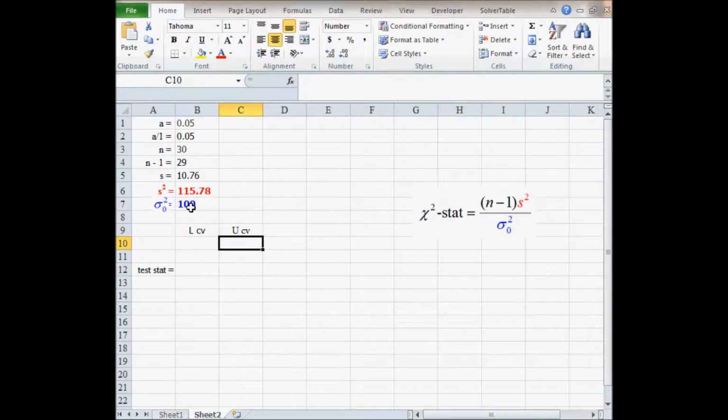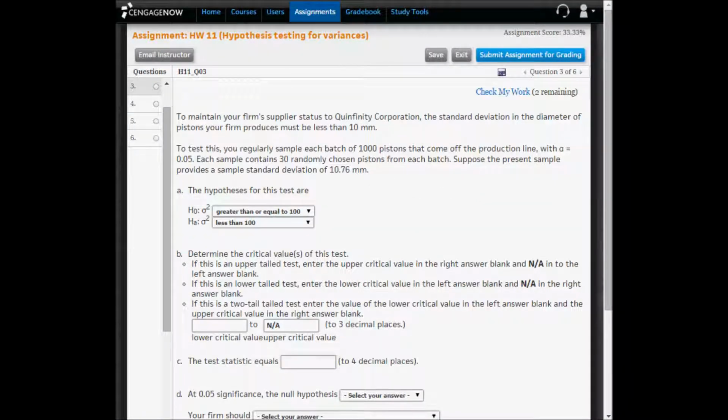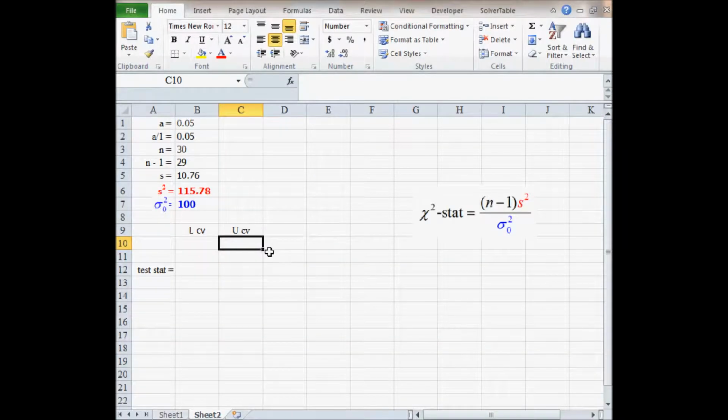To get the lower, now remember we don't need the upper critical value because it's a lower tail test. So the upper value is not applicable. To get the lower critical value, we need to be in row 29 of the chi-square table.